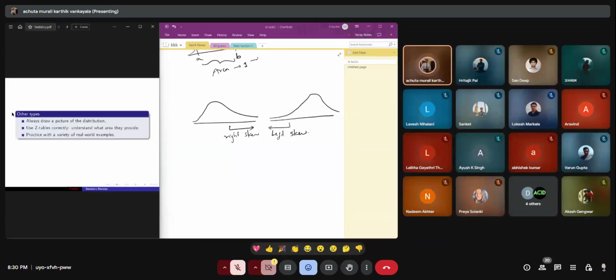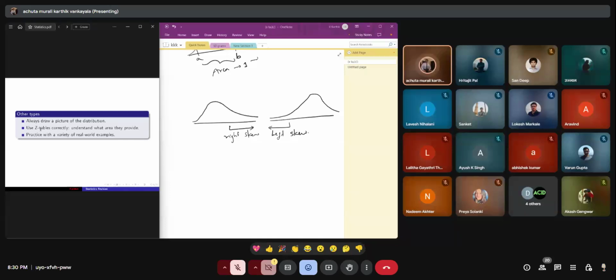No. So the heading should be changed, I think. Okay. Now, given any problem, here are some tips. Always draw a picture of the distribution, whichever distribution you are dealing with, whether it is normal, binomial, Poisson, geometric, chi-squared, or T distribution. A picture really helps you understand what kind of distribution you are dealing with. Okay.